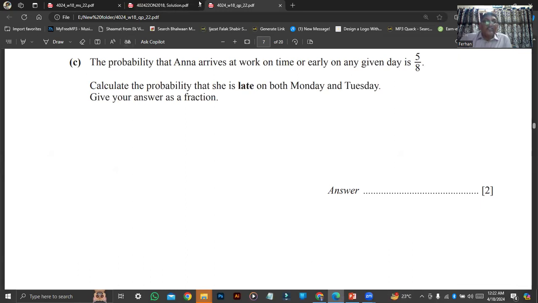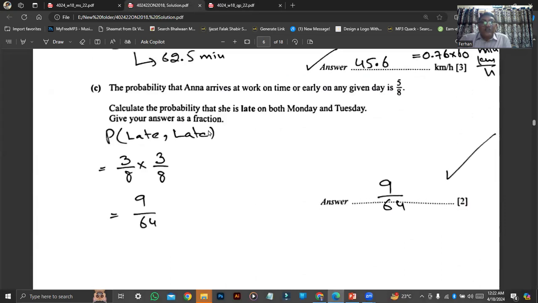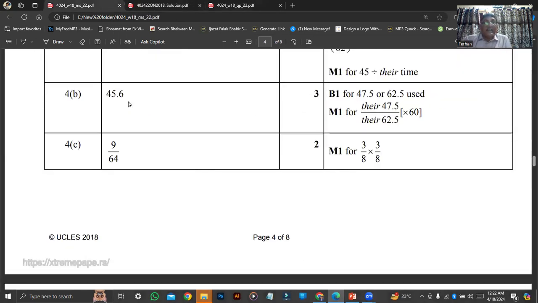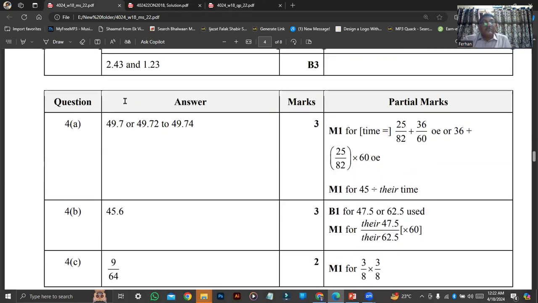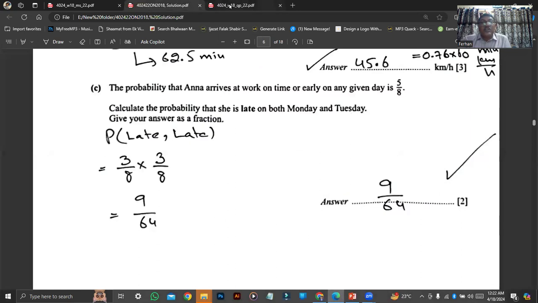Out of 8, 3 chances are that she will be late. So we need the probability that on both Monday and Tuesday she is late. So it will be 3/8 multiplied by 3/8, and that is 9/64. 9/64 is the right answer, sir. This is how this is done.